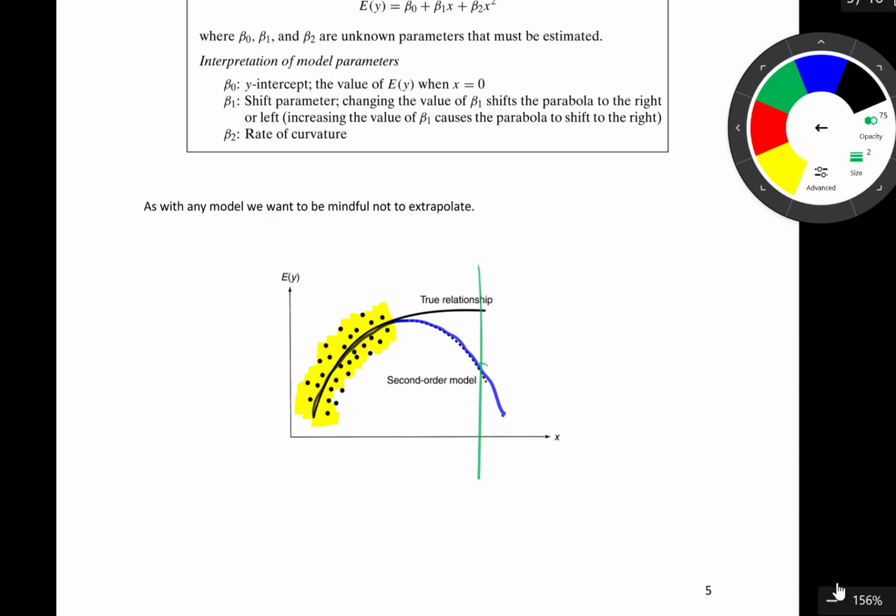So our model would predict our response here, but it could be that the true relationship is up here. Again, no matter what model we use, we want to be careful not to extrapolate, because we can only model what is happening within the range of the data that we actually observe.